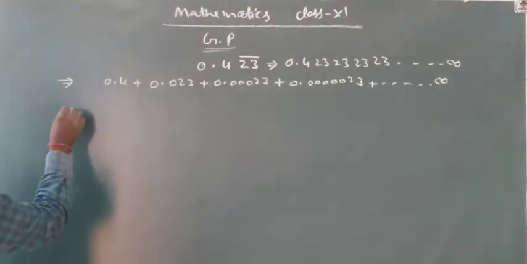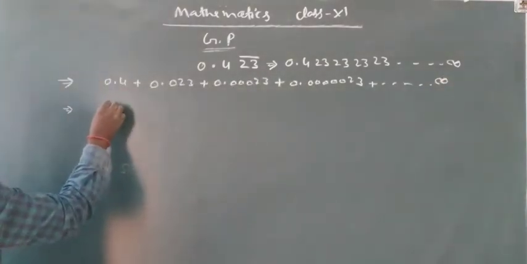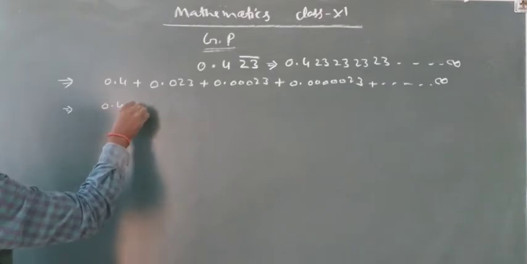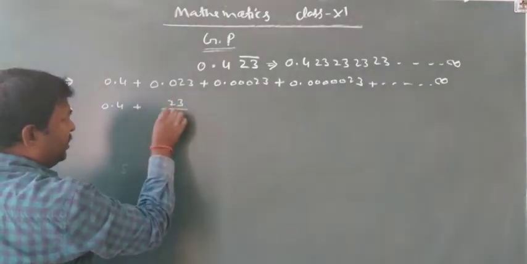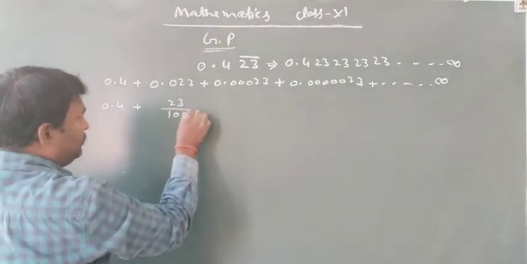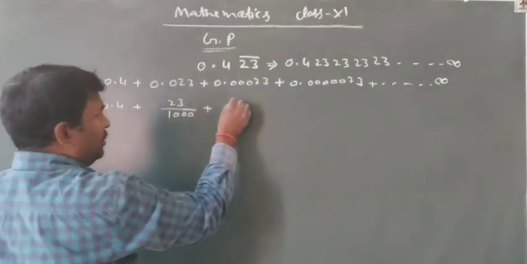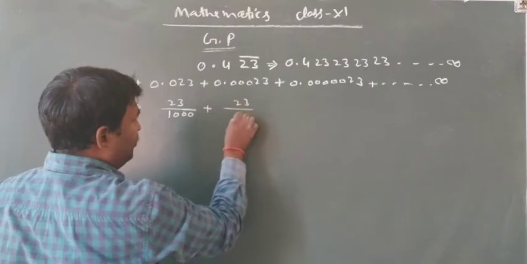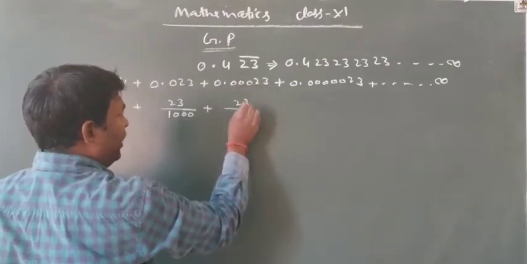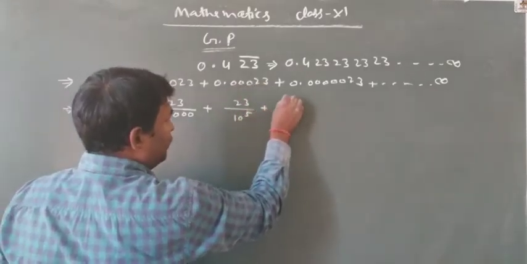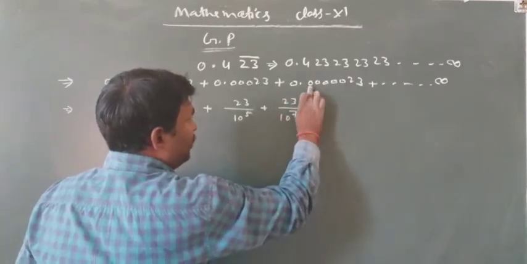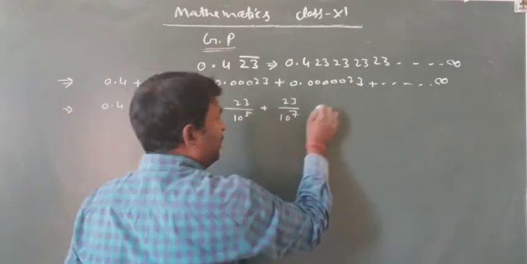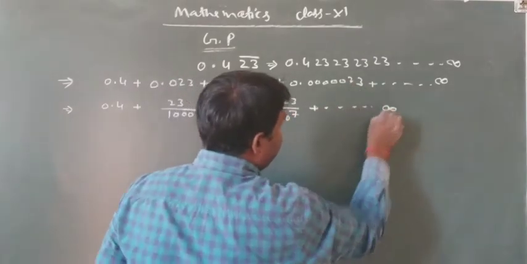The same, 0.4 plus, you can write as 23 upon 1000, plus 23 upon 10 to the power 5, plus 23 upon 10 to the power 7, plus and so on up to infinity.